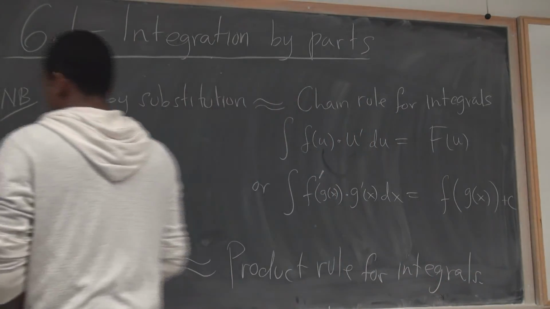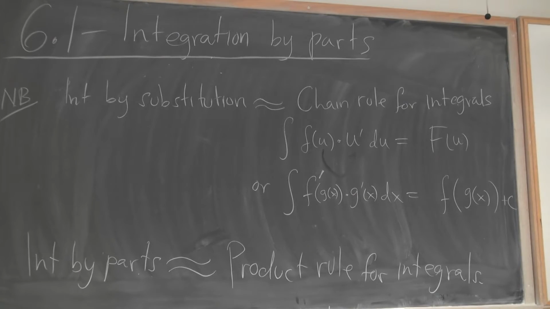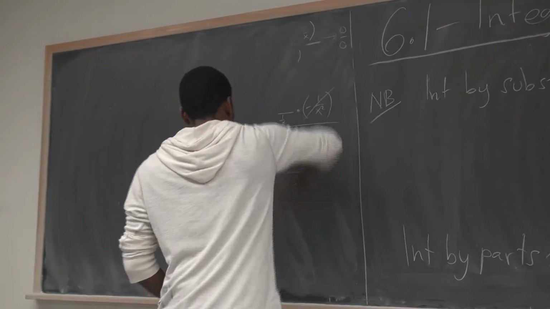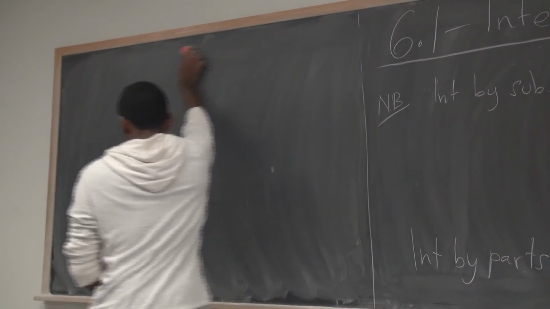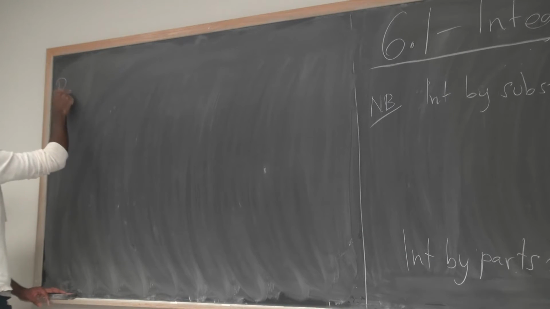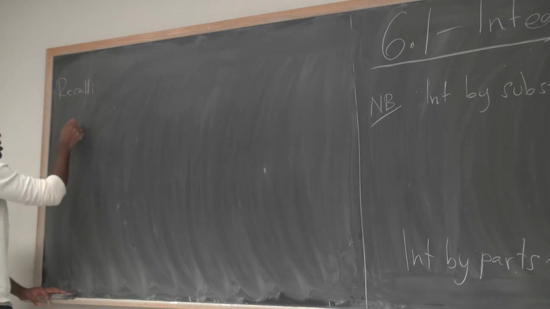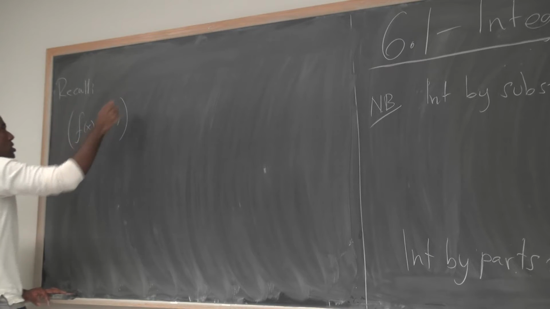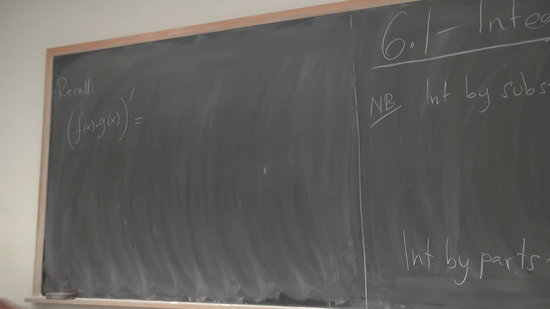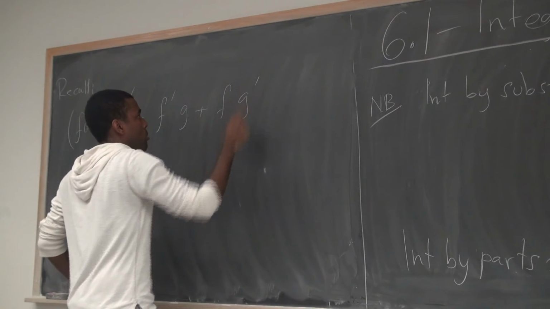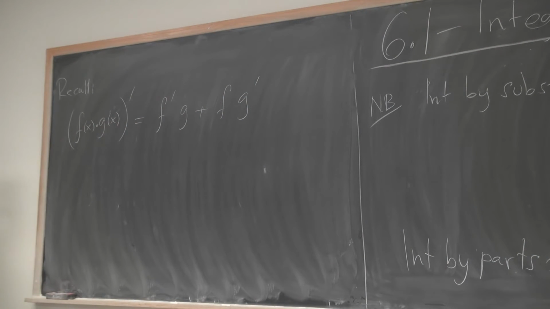You get integration by parts. Let me show you how it works. If I do f of x times g of x, and I'm taking the derivative, what does that give me? f prime g plus f g prime.